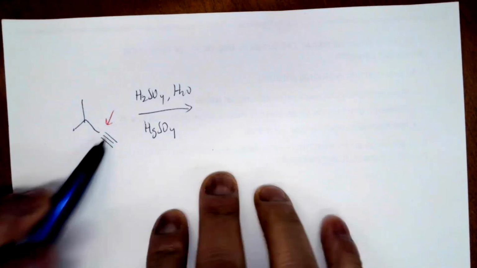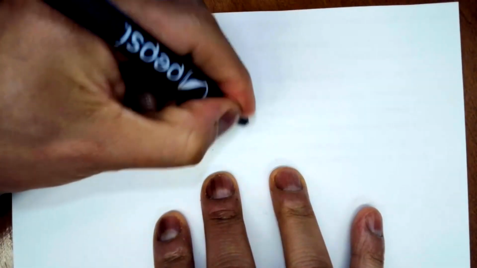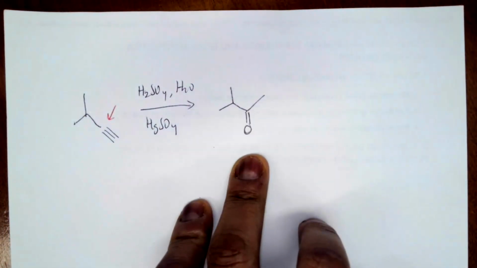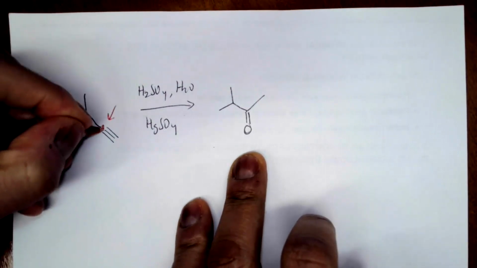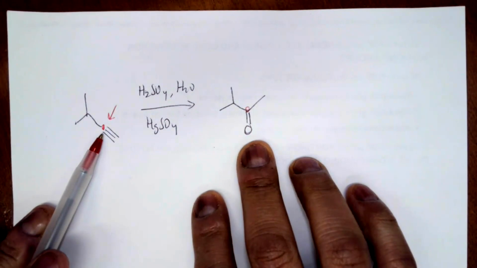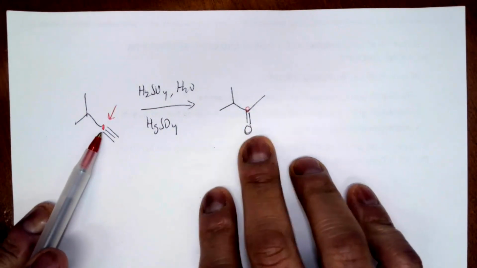So technically, I should produce that compound as my final product. Just put the C double O on the Markovnikov carbon. That's all.